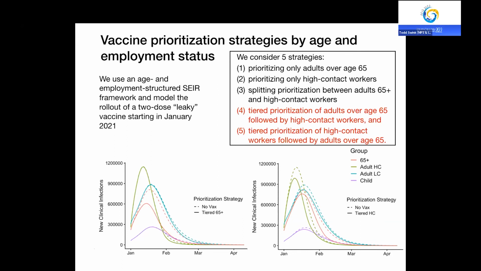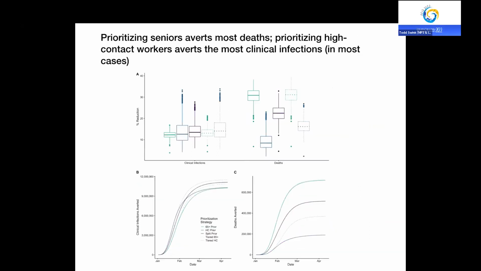But we wanted to look at some of the indirect effects and whether different prioritization strategies might be beneficial for reducing not just the total mortality burden, but also total clinical infections. So we use a pretty simple age and employment structured SEIR framework, and we model an initial rollout of a 2-dose leaky vaccine starting in January 2021, and then we also look at the impact of a booster dose during a hypothetical subsequent outbreak of a novel variant.